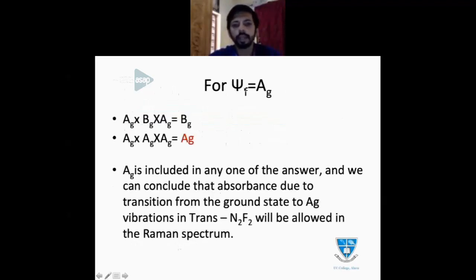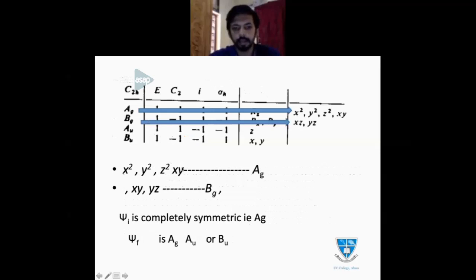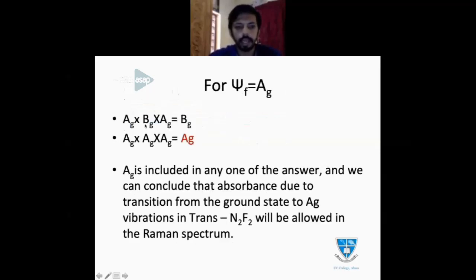So for psi F equal to Ag, if you take the multiplication, the polarizability terms are Ag and Bg. This is our initial state, Ag and Ag. This is our final state, Ag. If you take the direct products, we will get Bg, and also Ag.